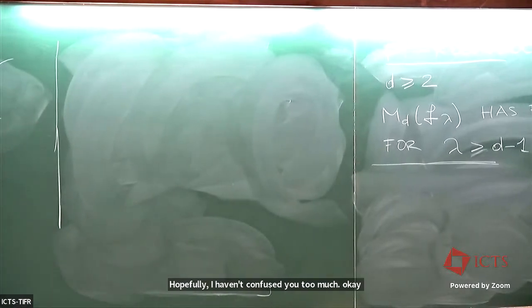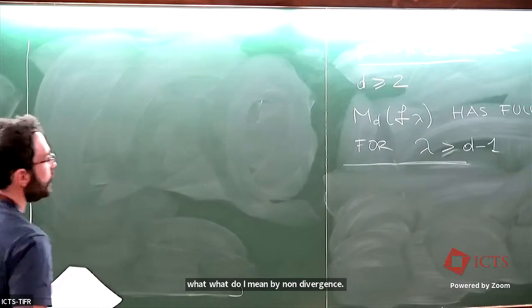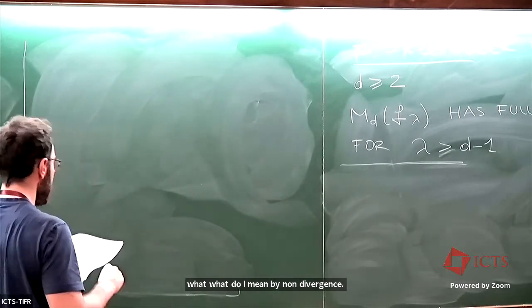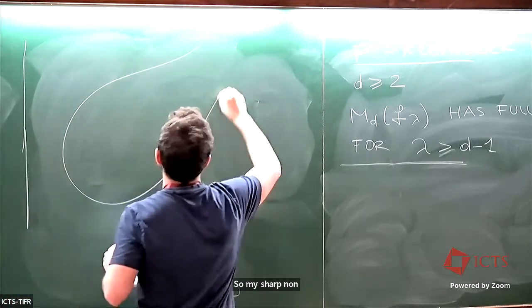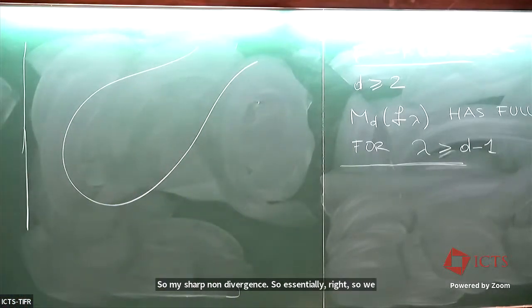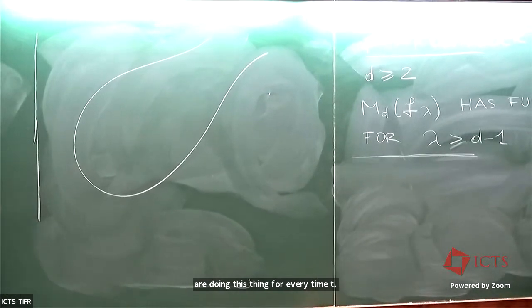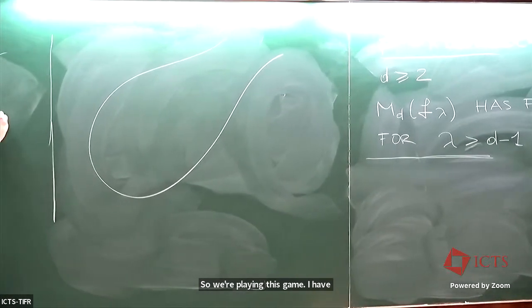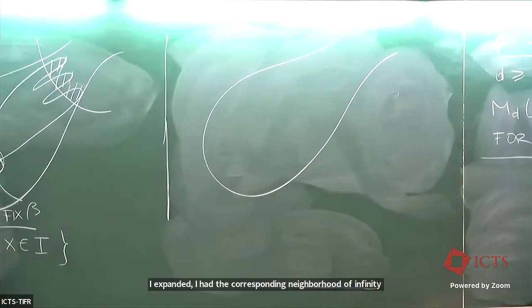Okay, so what do I mean by non-divergence? By sharp non-divergence, essentially, we are doing this thing for every time t. So we're playing this game. I have this fiber, I expand it, I have the corresponding neighborhood of infinity, I cut out something, and I take it back.